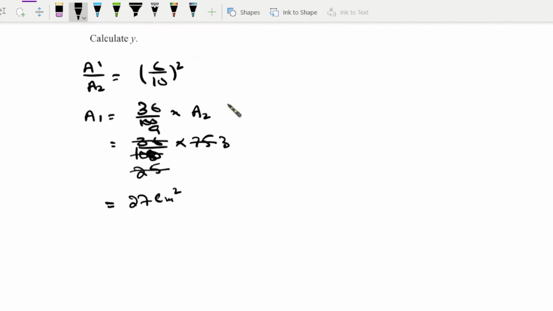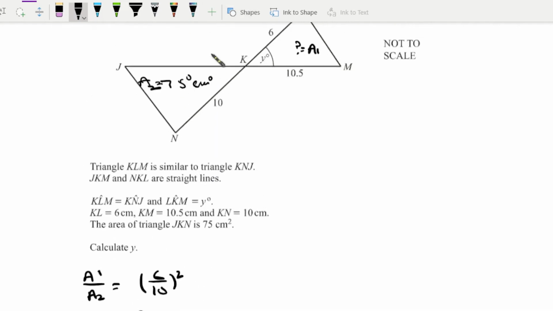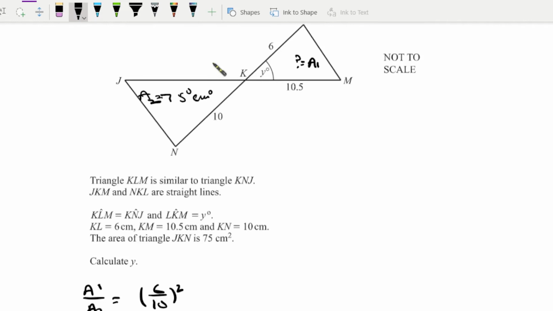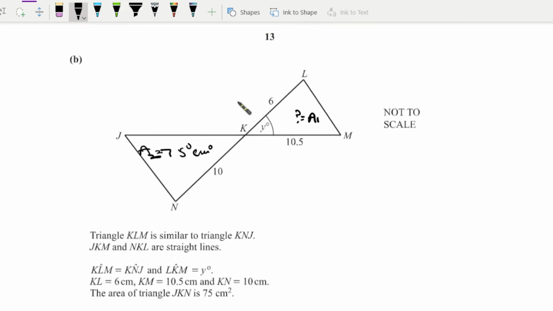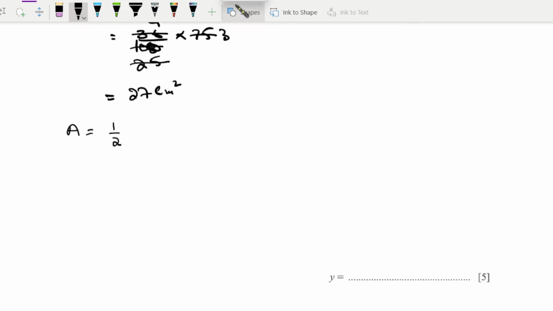How can you find out the area? By putting the area of the triangle. A is equal to 1 upon 2 KM multiplied by KL sine theta. This is the formula, AB sine theta.